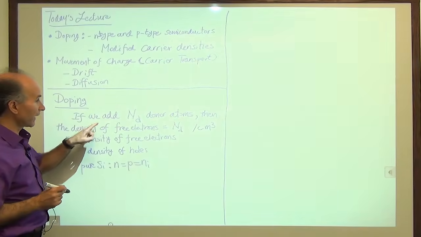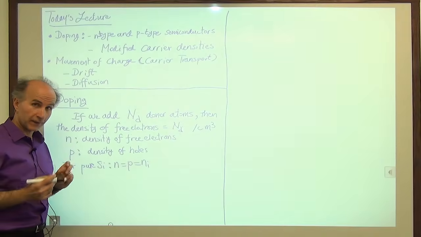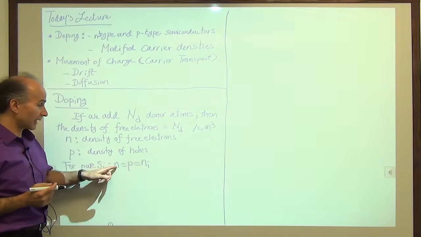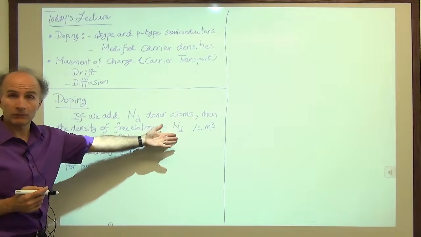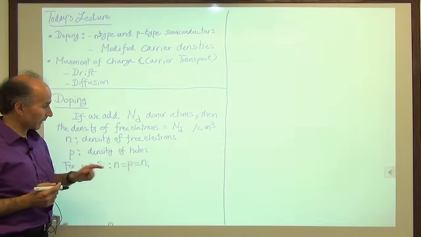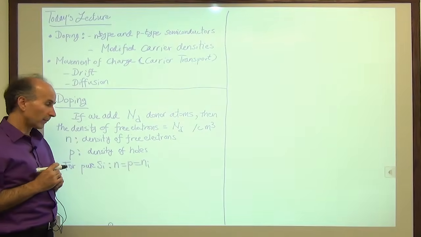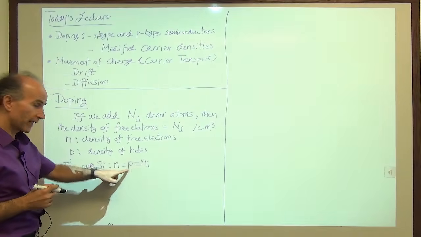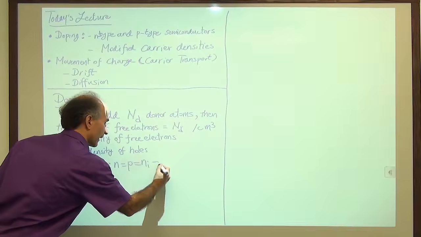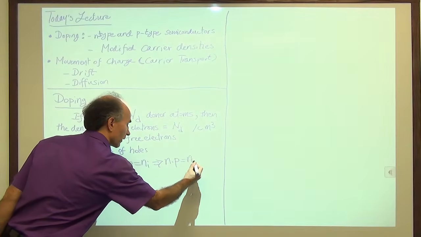But now that we have added some impurity, things become interesting. We know that n has gone up considerably. It was 10 to the 10, now it's some amount, maybe 10 to the 15. But what happens to p? Okay, so we don't know yet. But for pure silicon, obviously, if I look at this equation, I can say that n times p is equal to Ni squared.